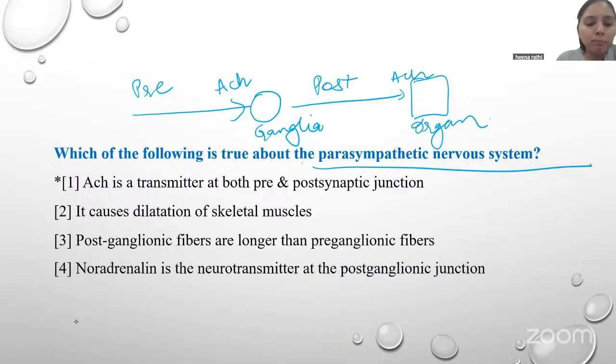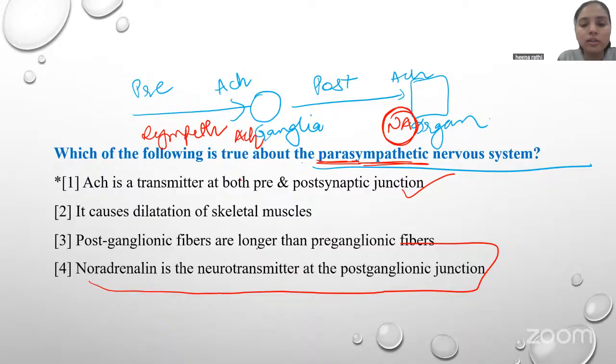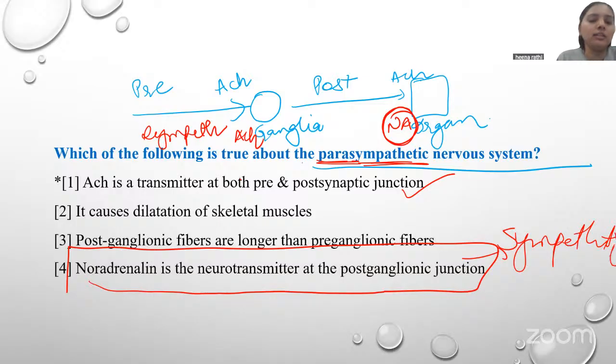But the sympathetic nervous system releases acetylcholine as a neurotransmitter in the preganglionic region. In case of postganglionic sympathetic, it will release noradrenaline. So acetylcholine is the transmitter at preganglionic and postganglionic junction for the parasympathetic nervous system. For the sympathetic, there is noradrenaline at the postganglionic junction. So noradrenaline as neurotransmitter at the postganglionic junction is for the sympathetic, not for the parasympathetic.